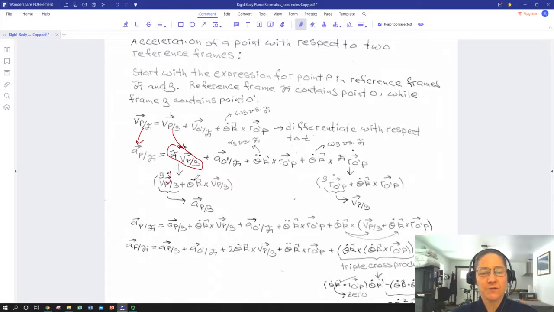So all of these terms are good. We already know them, or we have ways of getting them.